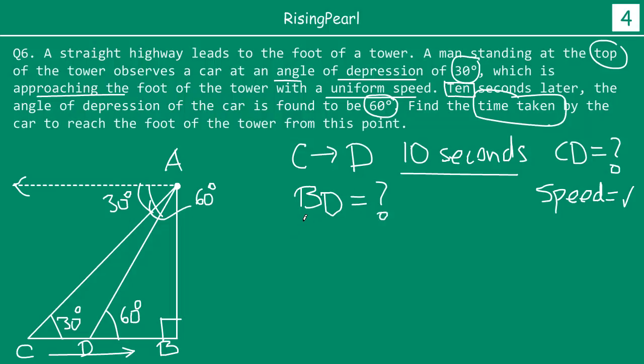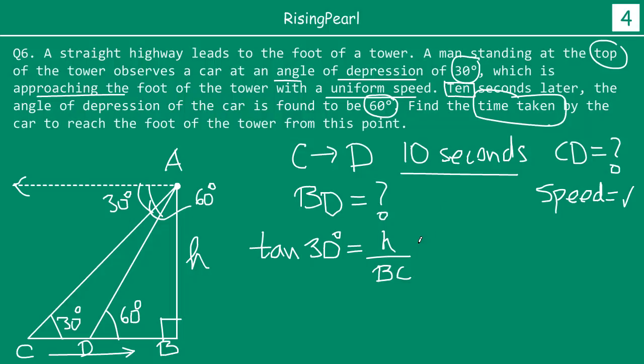Now if you look at the triangles, we have two right triangles, ABD and ABC. Let us assume the height of the tower, which is not given to us directly, is h. If you look at the bigger triangle ABC, we can say that tan 30 degrees is h divided by BC, the whole leg.